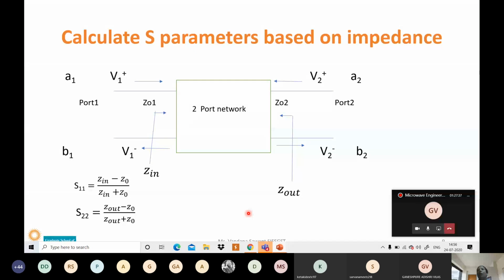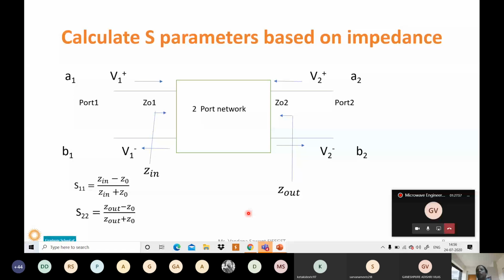Whatever networks they have mentioned, I will take a sum on all those types. So you will come to know if the network is like this, how to calculate the S parameter. Only the numbers will change. Resistor and capacitor values will only change, the type of network remains the same. Only values you have to change as we are doing the sums.